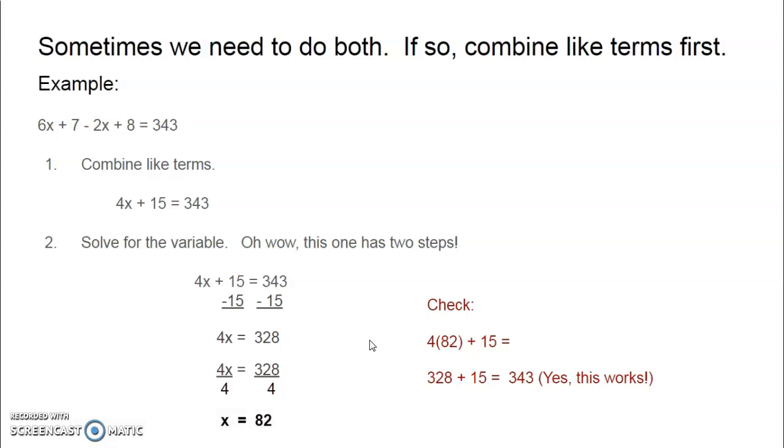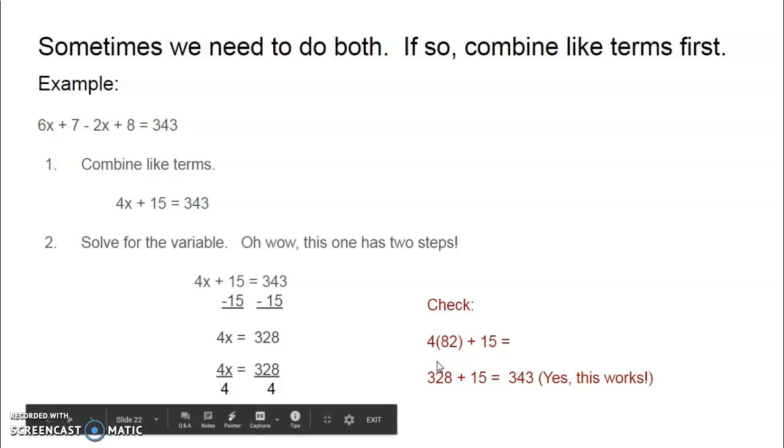You divide. So we divide both sides by 4, and we're left with x equals 82. Then you can see right here on the right, I'm checking it. 4 times 82 plus 15. Right, well, you do your multiplication first, order of operations. So that's 328. That should look familiar. Plus 15 is 343. It works.